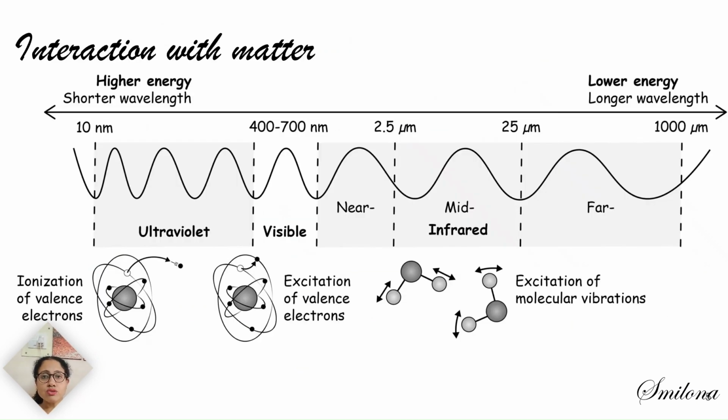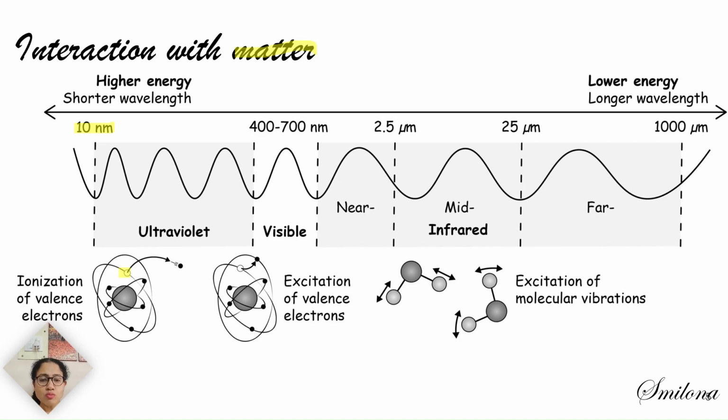Now, if we have understood the relation between the wavelength of light and its energy, let us bring in matter or molecules. What will happen to molecules when I hit them with photons, or these small packets of energy of light? Depending on the energy that is hitting the molecule, if the wavelength is less, that means the energy is high, and this energy is capable of hitting an electron.